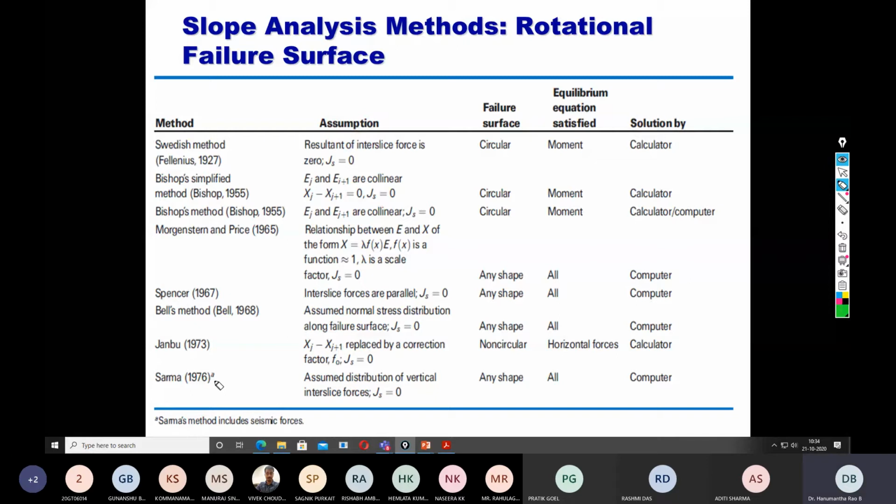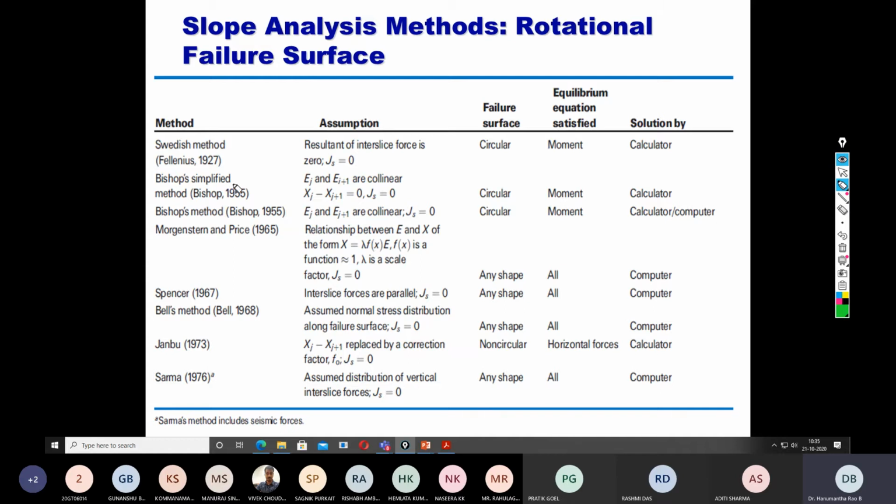The extent of interslice forces is 0. It considers circular slip failure and only moment equilibrium, and we just need a calculator to determine the factor of safety. Then the Bishop method. In the year 1955, there are the Bishop simplified method and Bishop's modified method.